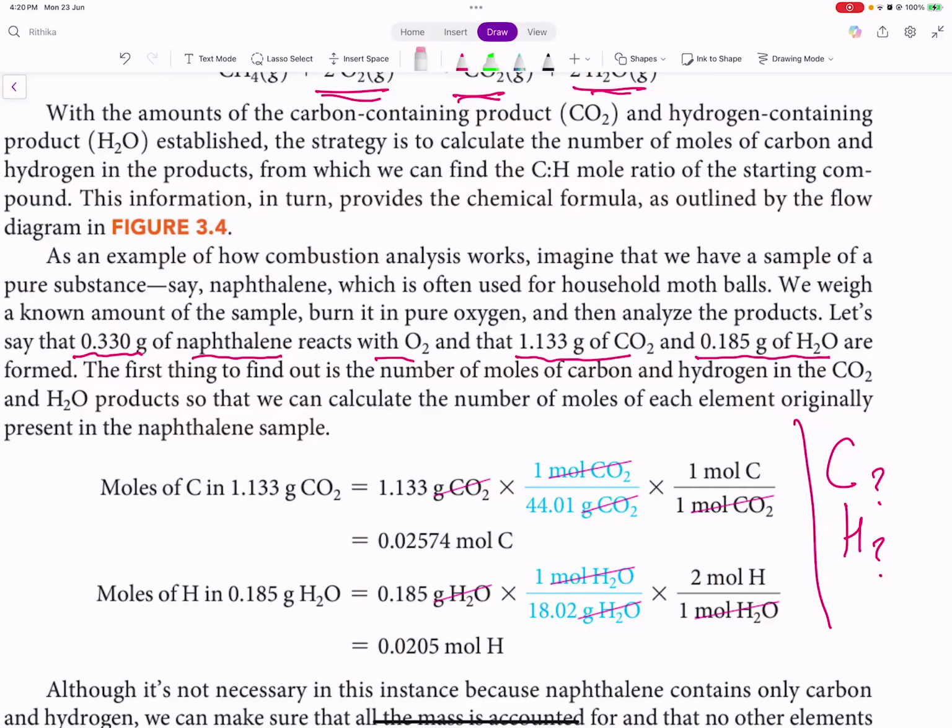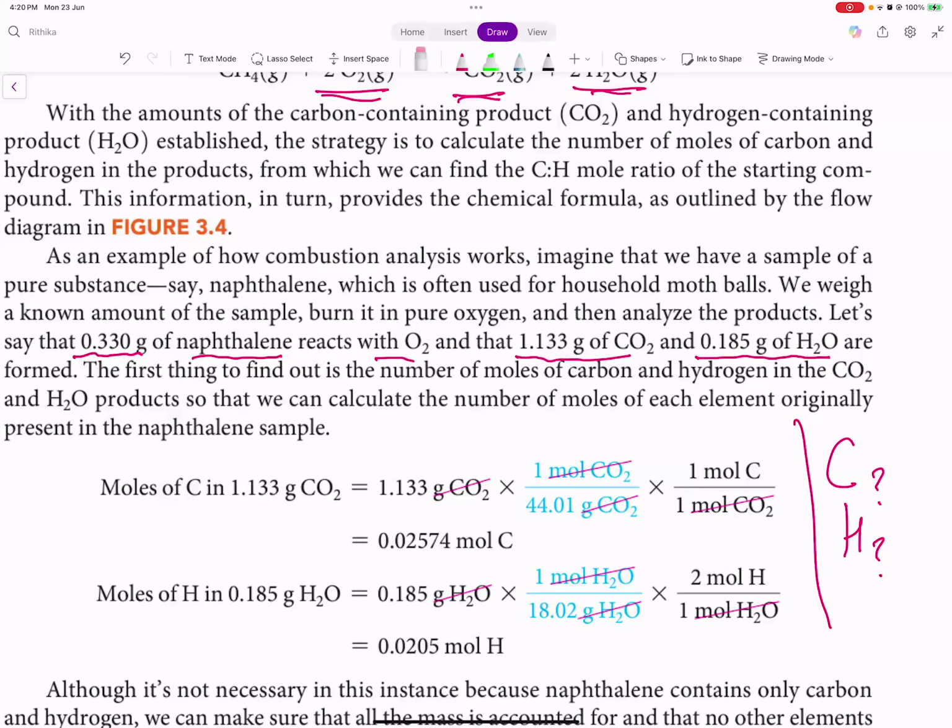So in 1 mole CO2, we will have 1 mole carbon. 2 moles CO2 will have 2 moles carbon. So whatever is the number of moles of CO2, that is the same number of moles of carbon.